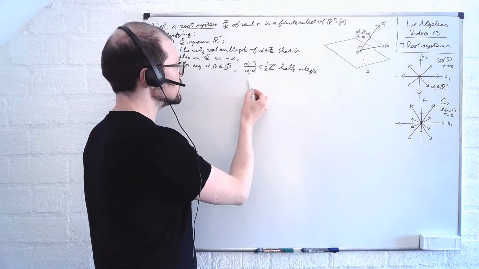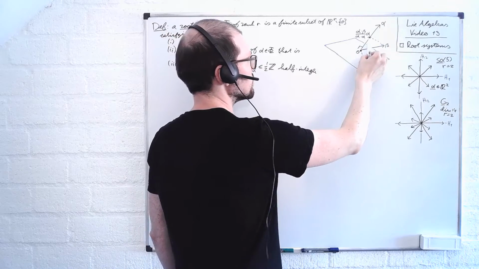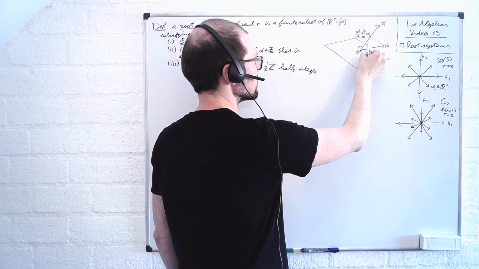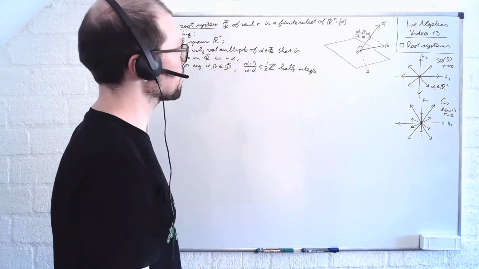So this real number really measures the length of this projected vector compared to the length of the vector alpha.